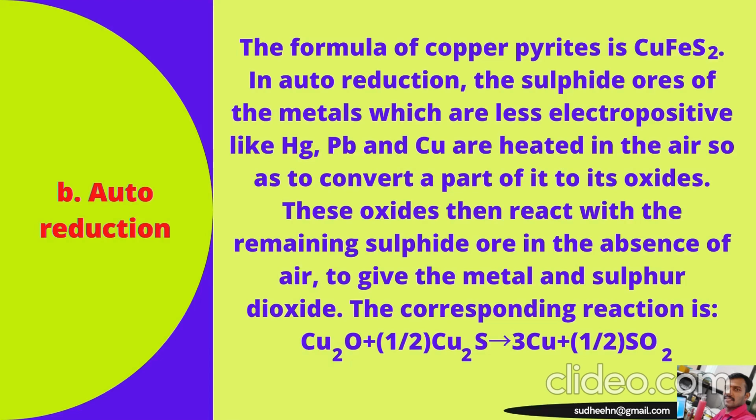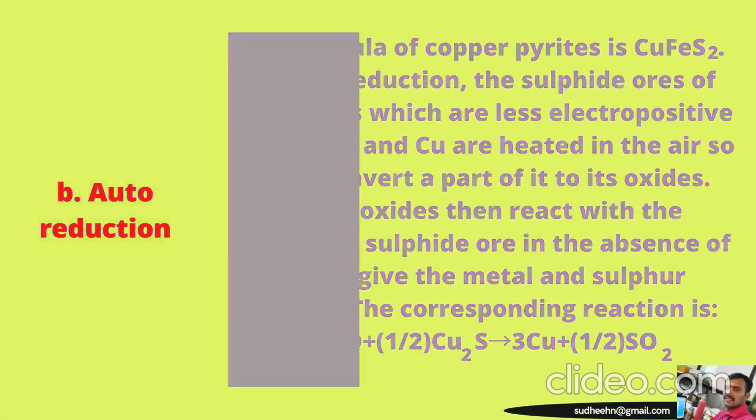These oxides then react with the remaining sulfide, in the absence of air, to give the metal and sulfur dioxide. The corresponding reaction is Cu2O, copper oxide, reacting with Cu2S, copper sulfide, to give 6 molecules of copper plus sulfur dioxide. So the right option is option B, that is auto reduction.